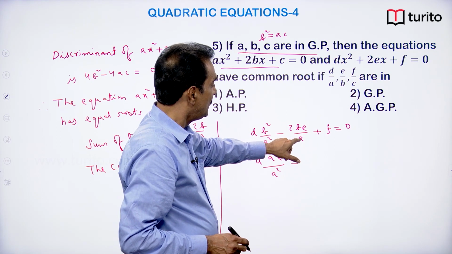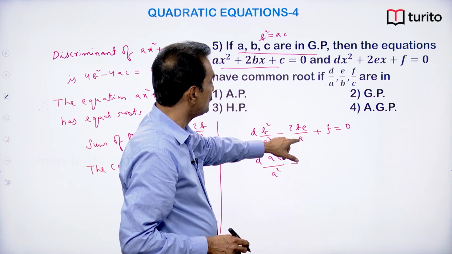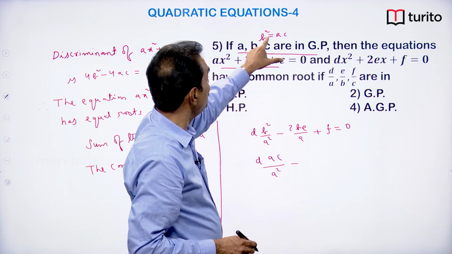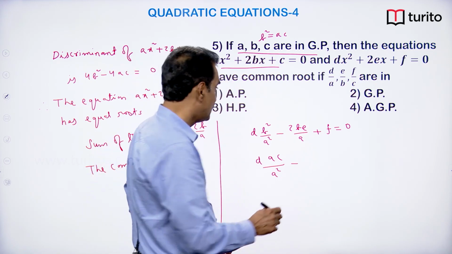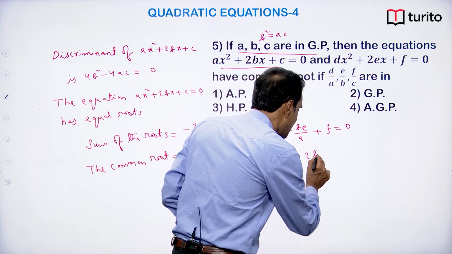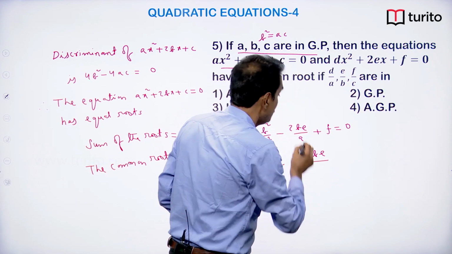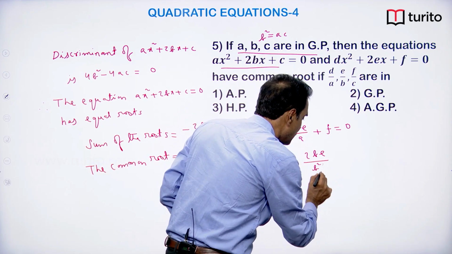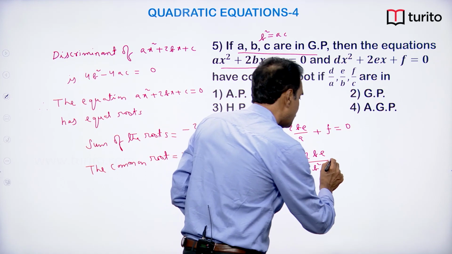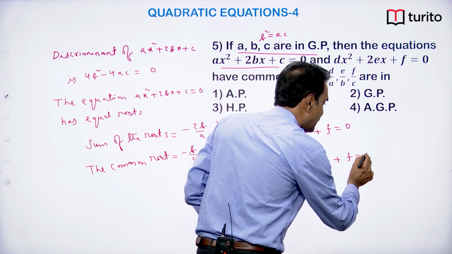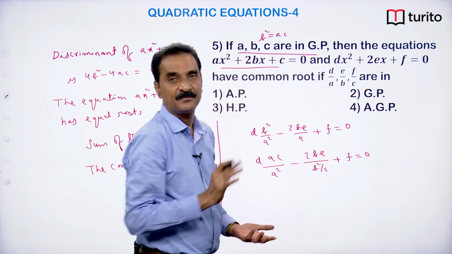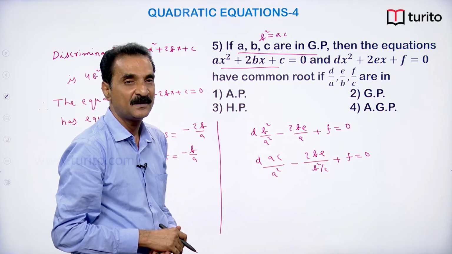Now I can substitute a as b square by c: minus 2be by b square by c, plus f cannot be modified, only a single term, so plus f is equal to 0.